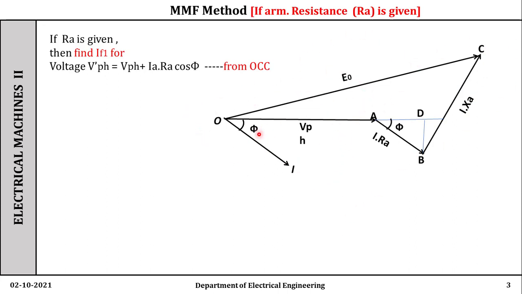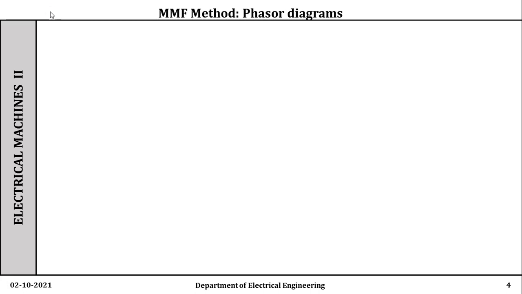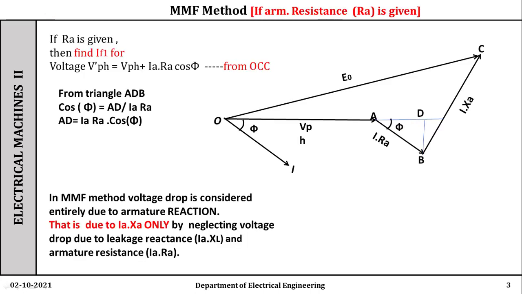Our interest is to find, if armature resistance is given, then how to find IF1. At what voltage we have to find out the IF1? Consider the triangle ADB. From this triangle ADB, cos phi equal to AD divided by AB, and AB is nothing but IARA.